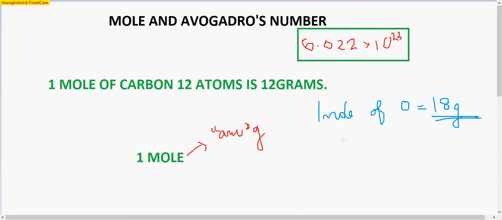Now, what is 1 mole? 1 mole also has another definition. 1 mole is equal to Avogadro's number, 6.022 into 10 raised to 23. That much particles.